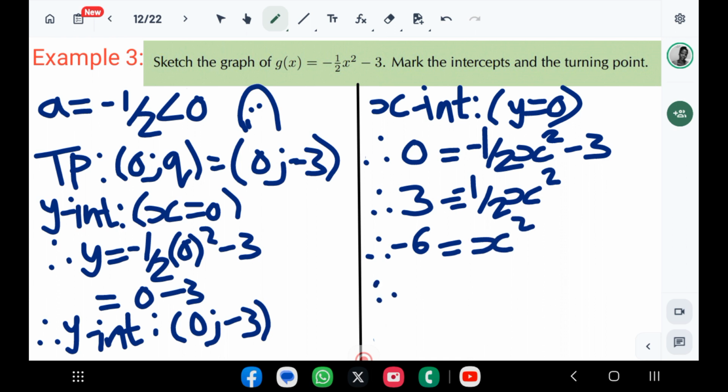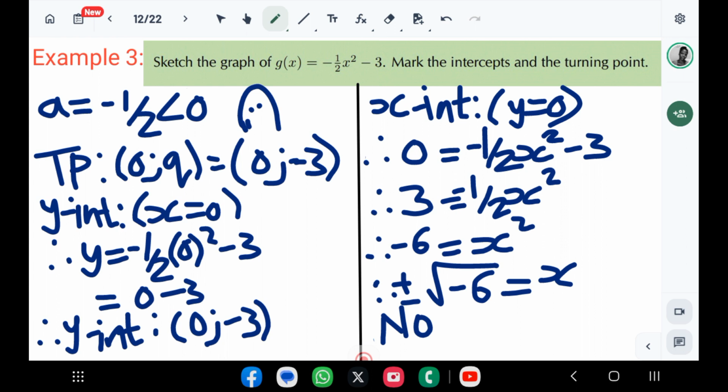Find the square root of both sides, that is plus or minus the square root of negative 6 equals x, which gives us an imaginary number. The square root of a negative number is an imaginary number. It's a non-real number. Now, if you're not sure how to get that, please go watch the video on the number system.